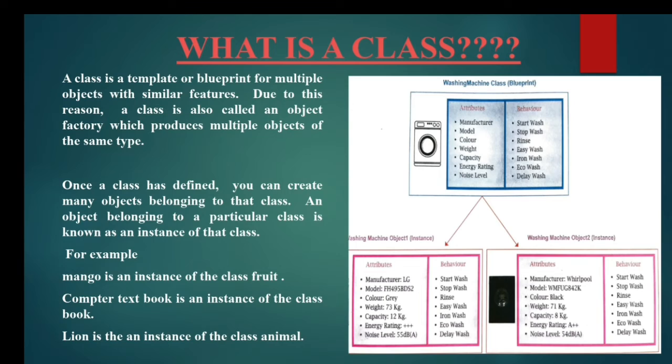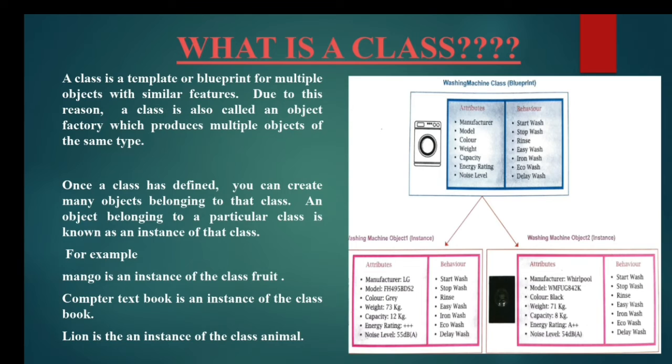Okay, attributes are the same and behavior is the same, but where is the difference? We have the difference from each other. Here the basic is called the blueprint, and in the pink color we have two examples. These two are called the objects of the class washing machine.